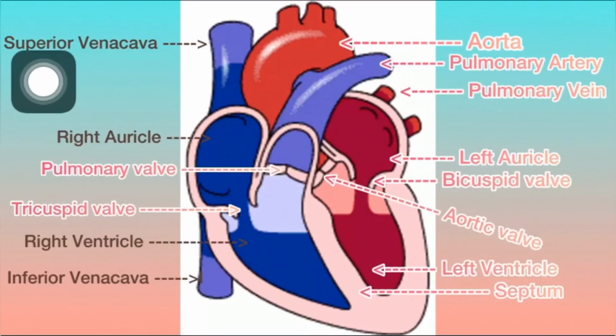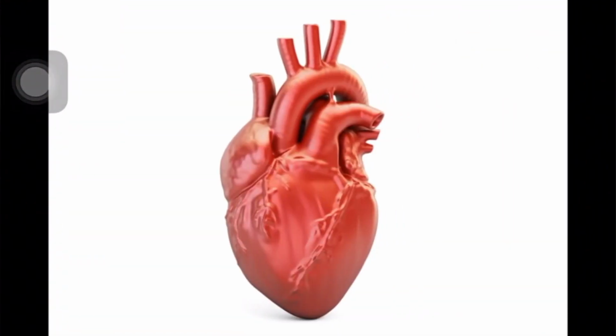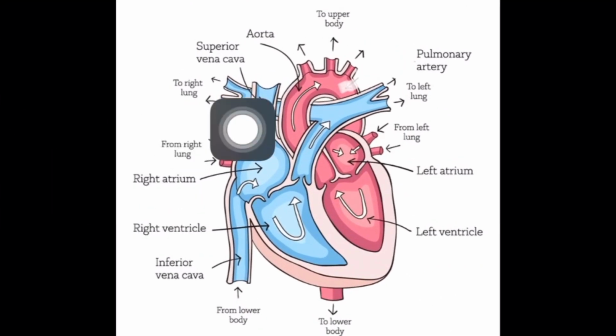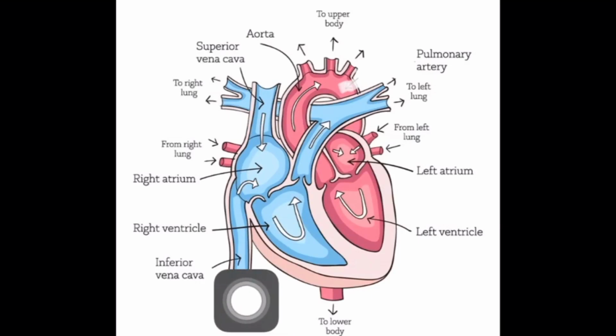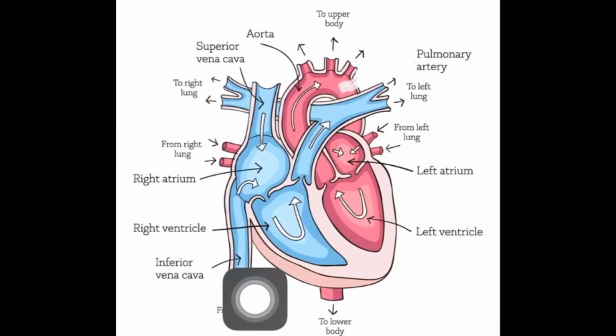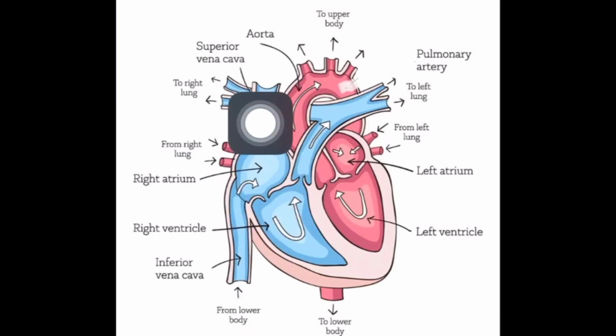Now let's move on to the function of the heart. Here you can see the superior vena cava and inferior vena cava. These are the larger forms of veins.